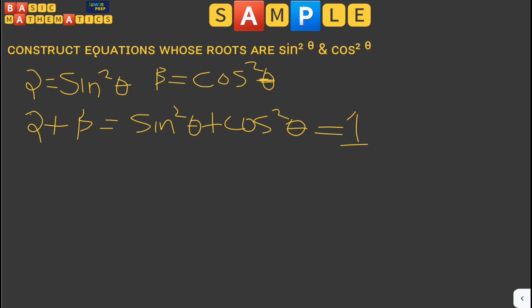And how do I know that sine squared theta plus cos squared theta equals 1? This is called the squared relation under trigonometry. It's from the trigonometry series. If you would need videos on that, do request.